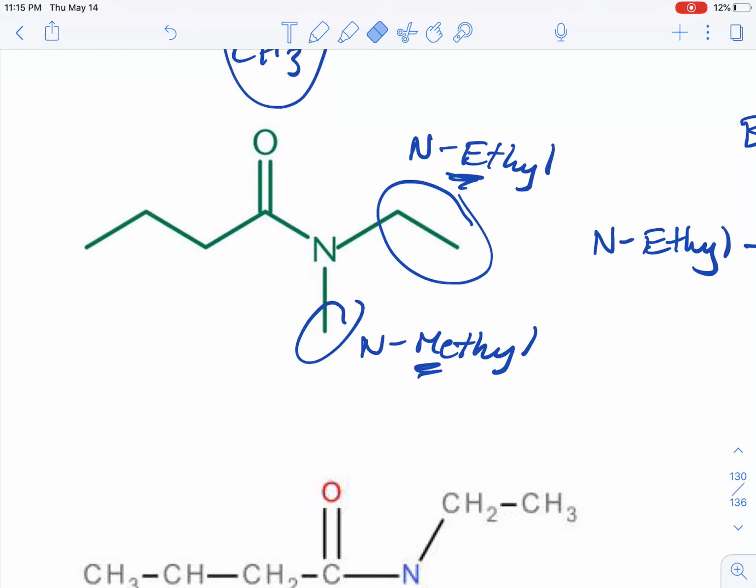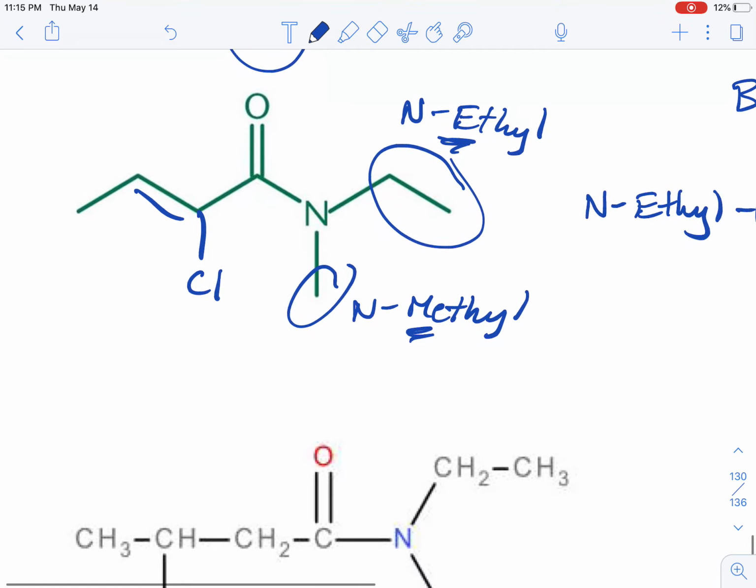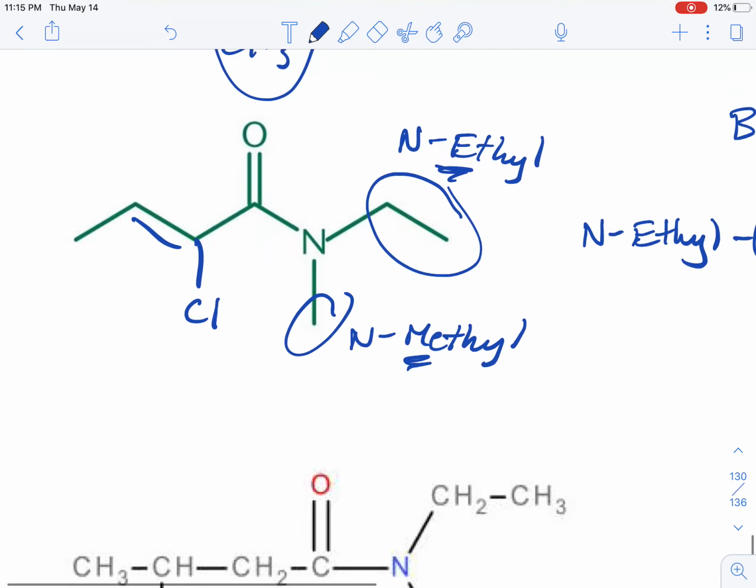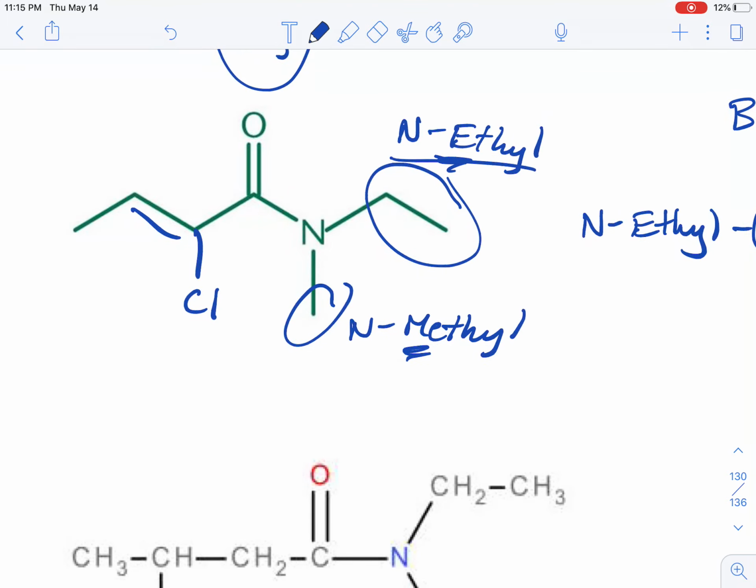Let's just say that there's, I don't know, like a double bond, and here there's going to be a chlorine group, right? So how would you name this compound? Well, our N-ethyl and N-methyl is going to stay the same.